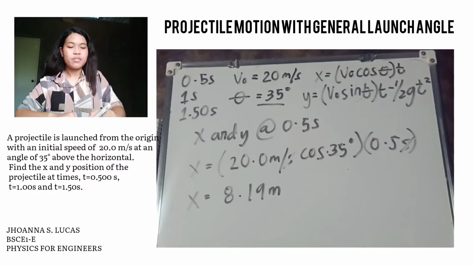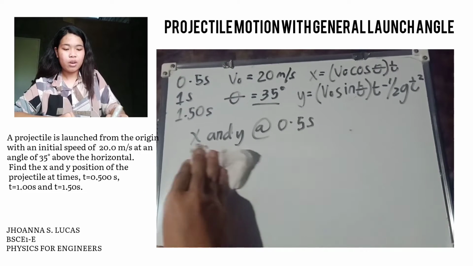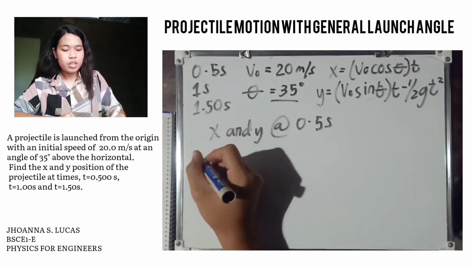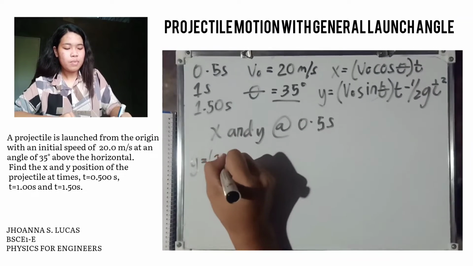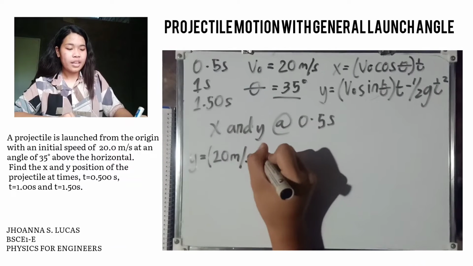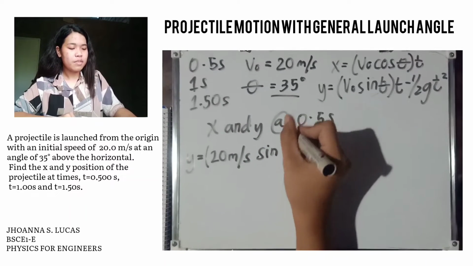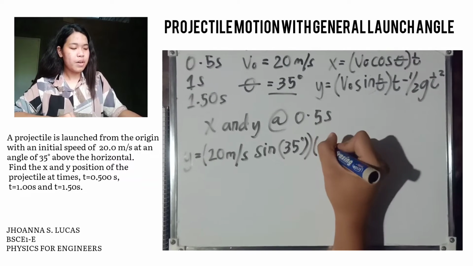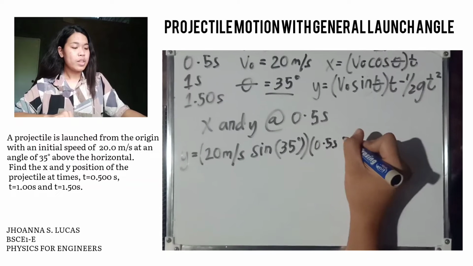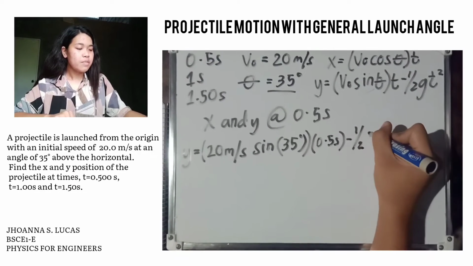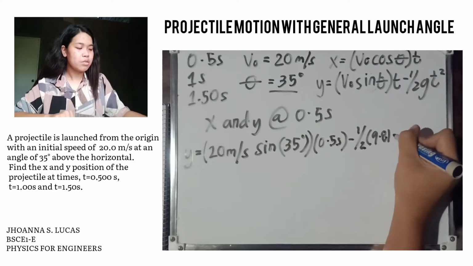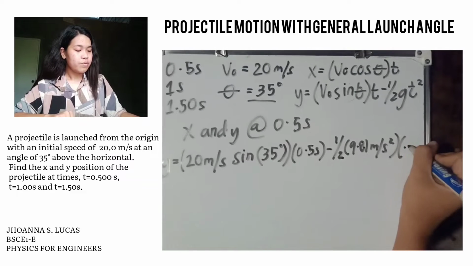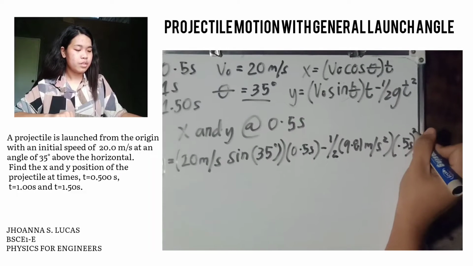is equal to 8.19 meters. And for our y at 0.5 seconds, we will substitute our givens, which is initial velocity, 20 meters per second, sine theta, which is 35 degrees, times time, which is 0.5 seconds, minus 1/2, and our gravity, which is 9.81 meters per second squared, times our time, 0.5 seconds squared.